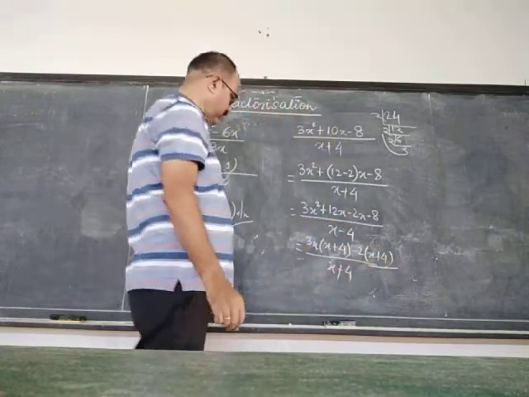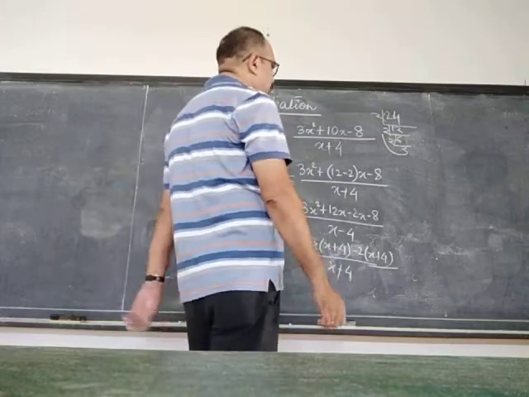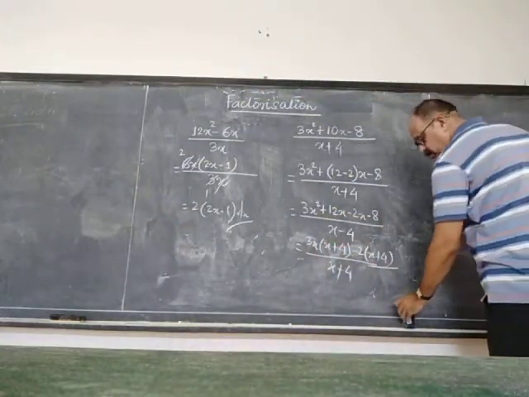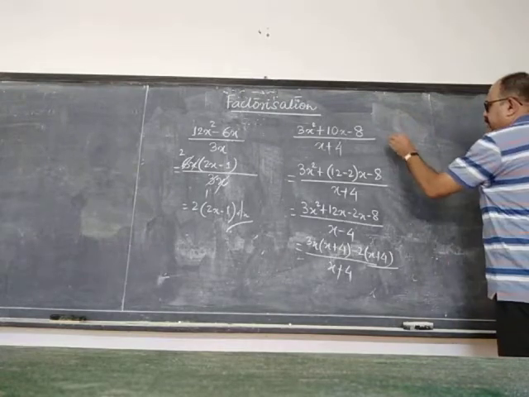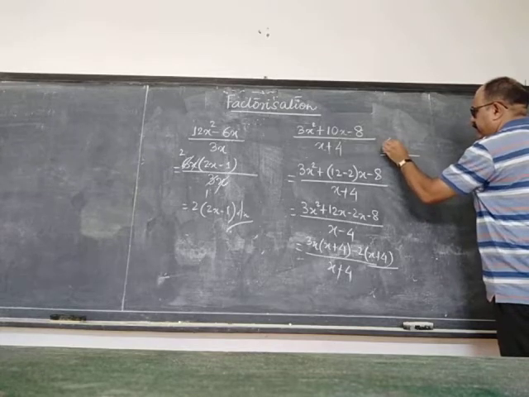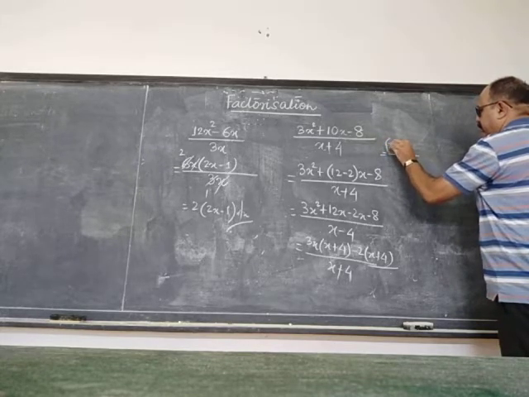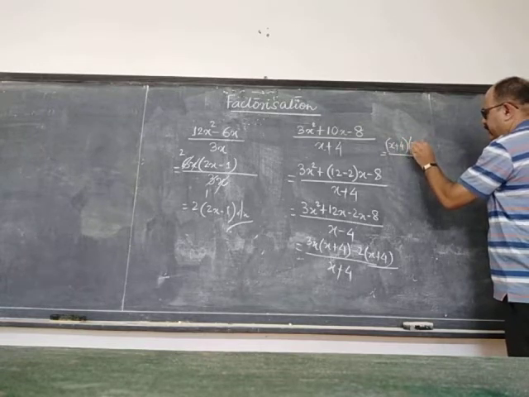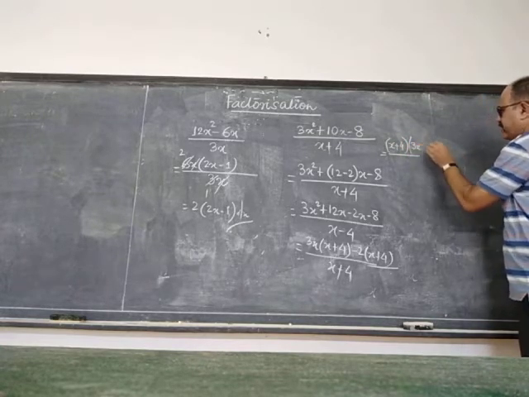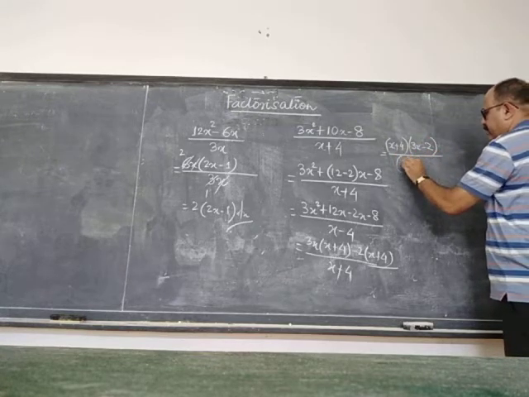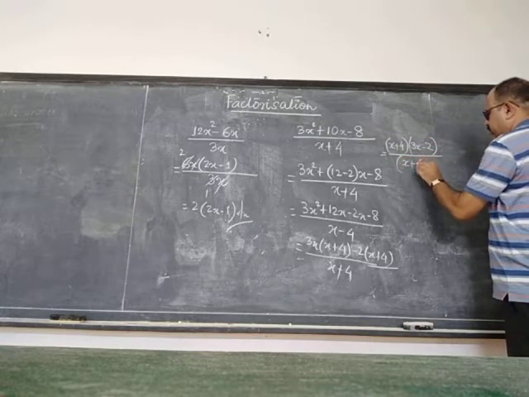Otherwise, we cannot remove. So, now let me come here. Just take a photo now. Then which is equal to x plus 4 multiplied by 3x minus 2 whole thing divided by x plus 4.